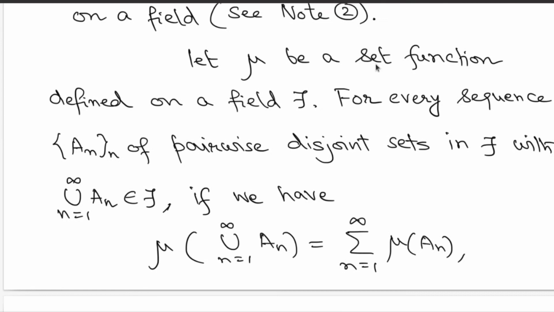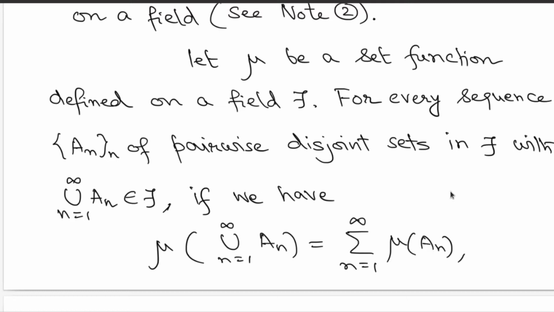So let mu be a set function defined on a field. Now what we need to verify for countable additivity is that you take arbitrary sequences A_n which are pairwise disjoint, and then you look at the measure of the complete countable union, and you claim that it is equal to the sum of the individual sizes.